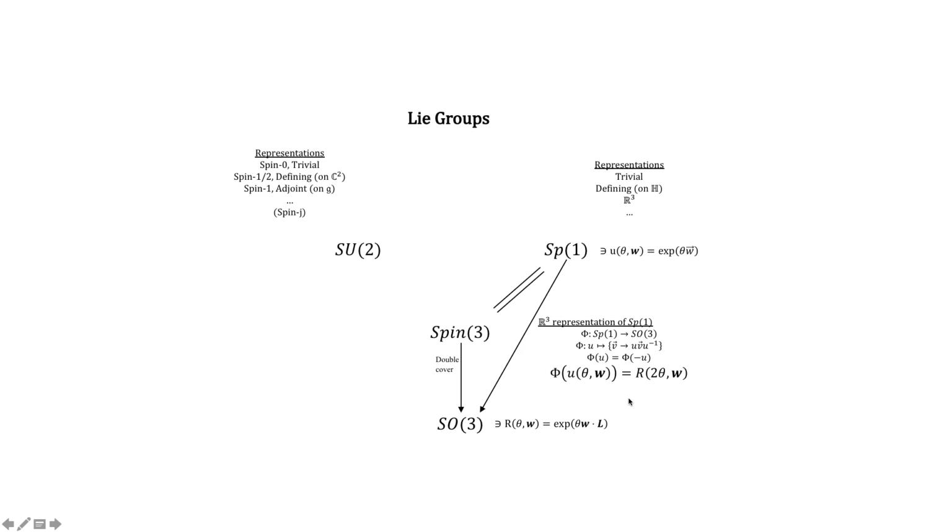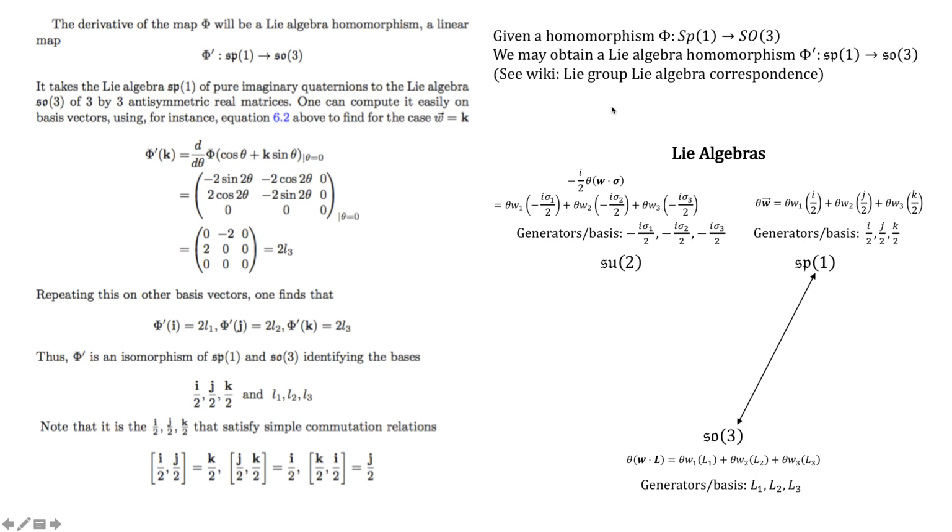We then investigate the Lie algebras of SP1 and SO3, and we find that they are identical. How so? Well, given the homomorphism from Lie group SP1 to Lie group SO3, we may obtain the Lie algebra homomorphism, which is really just the push forward of the homomorphism for the group. This Lie algebra homomorphism isn't too hard to calculate, and the author does so over here by calculating the derivative of the matrix.